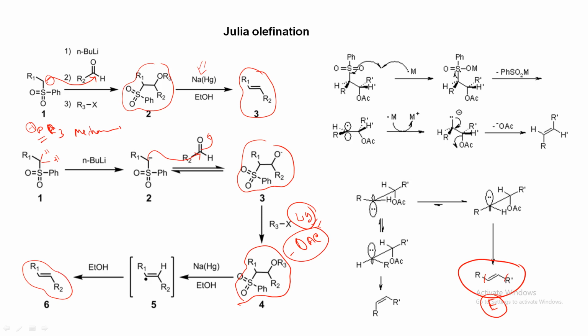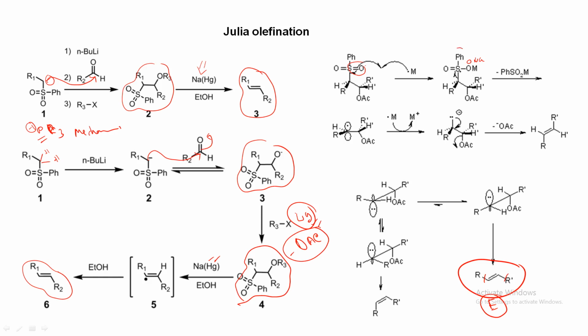When we are using the sodium amalgam, a one electron transfer reaction occurs at first. So here you can see the homolytic cleavage, where one electron is transferred, giving S dot and the metal sulfinate.